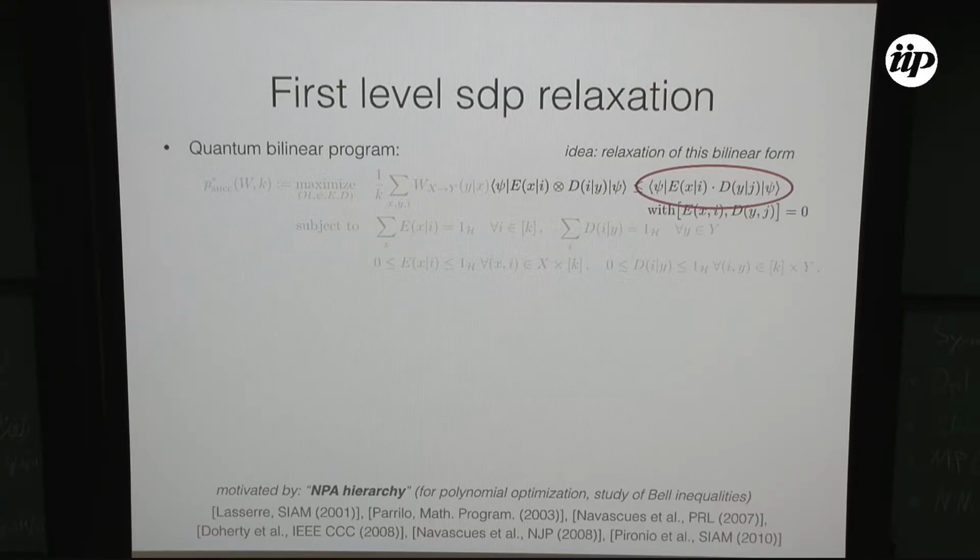And I think it's fair to say that in the quantum setting, the authors that pioneered this idea for the non-commutative setting is Miguel and his co-authors, and this is what's called the NPA hierarchy. And I think this came up first in the study of Bell inequalities and how much they can be violated by quantum mechanics. But they also do study general non-commutative polynomial optimization.